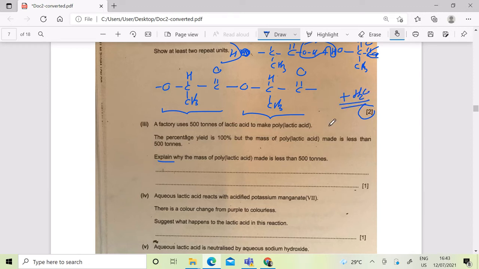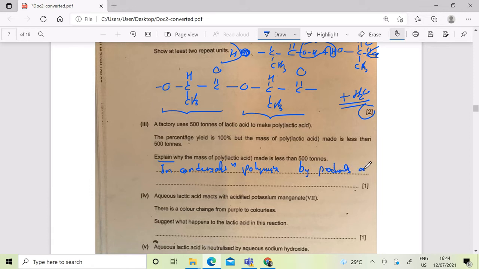That byproduct is the reason for the lower total mass. So a very simple answer is: in condensation polymerization, byproducts are formed.